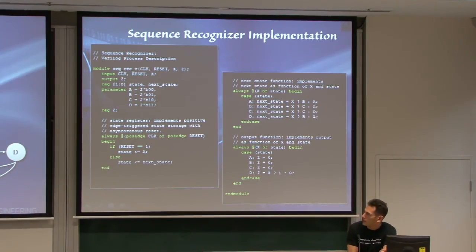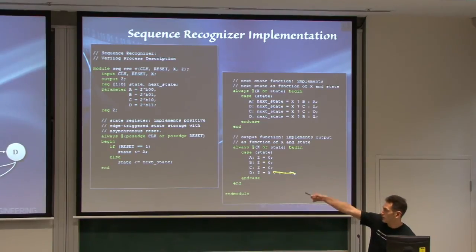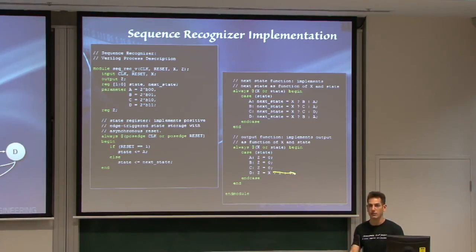It's only in the case when I'm in case D, I need to check whether X is 0 or 1, because each one of them will give me a different output. In fact, if I wanted to be slightly more efficient, I could have just got rid of this whole thing and then just say, in the case of D, Z will just follow X because it happens to be the same value.